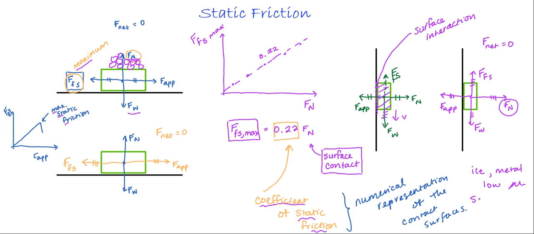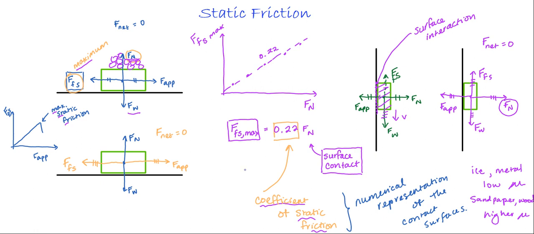Something like sandpaper and wood would have a much higher coefficient of static friction.